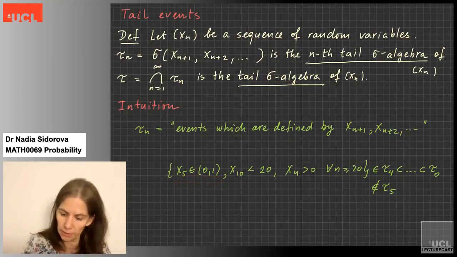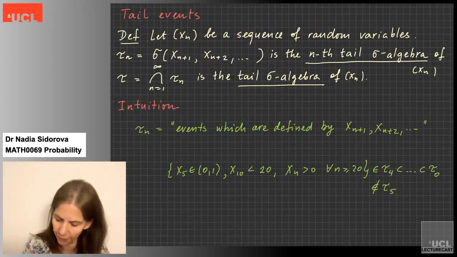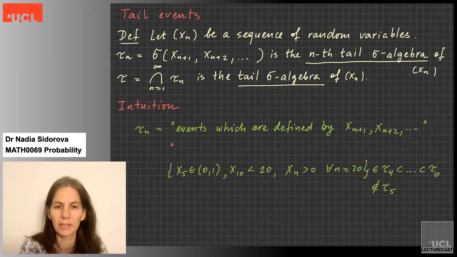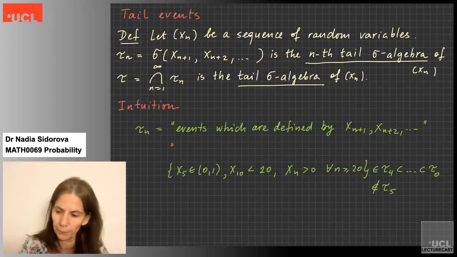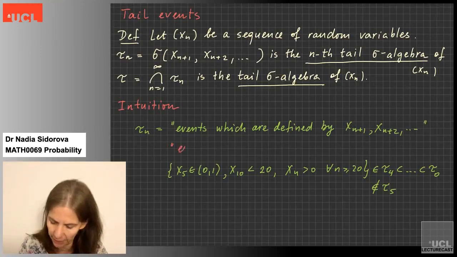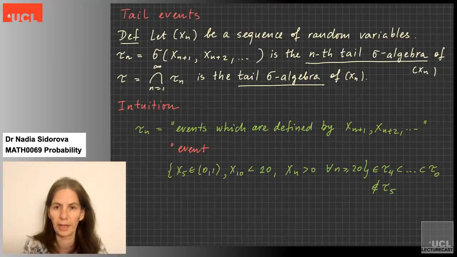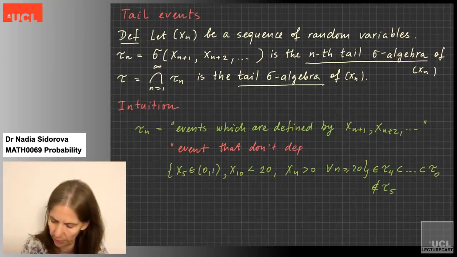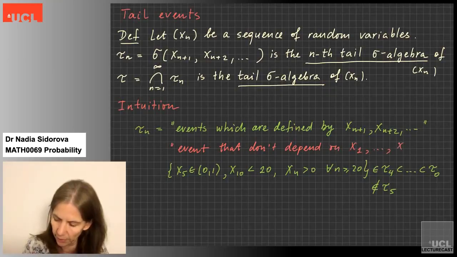Okay, so now I can actually rephrase it slightly, and this new sentence will actually give us an even better idea of what's going on, and say that those are events that do not depend on the initial n random variables x1, ..., xn.